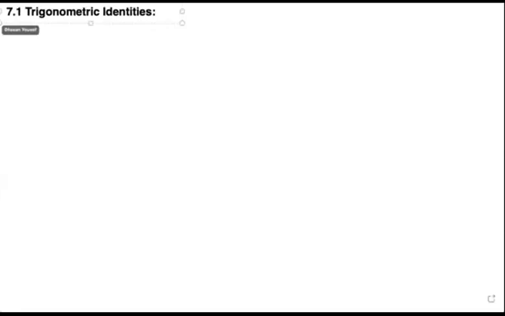7.1 is the trigonometric identities. So trigonometric identities, we have to know the identities for the trigonometric.